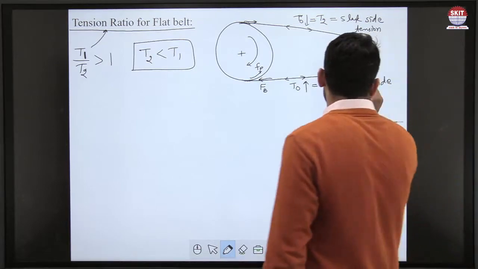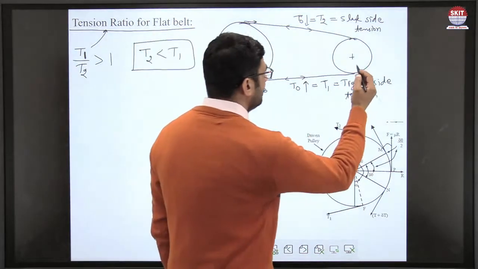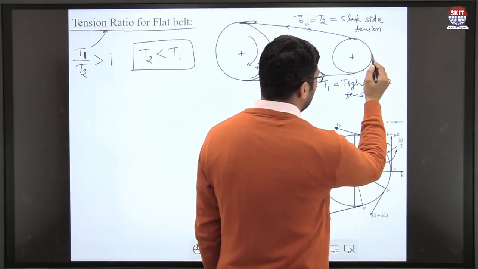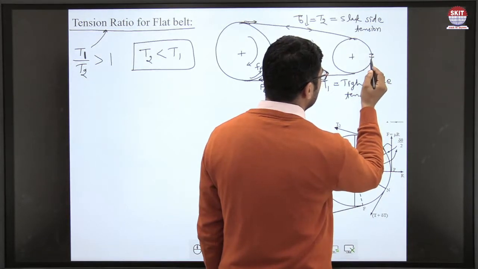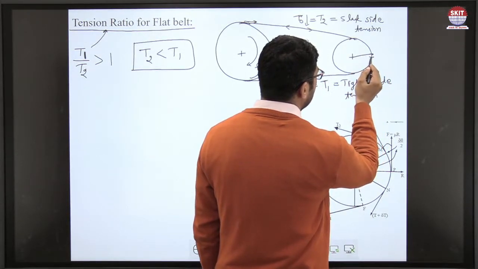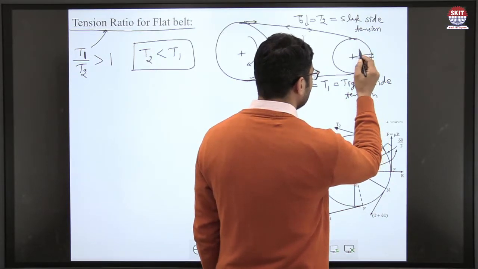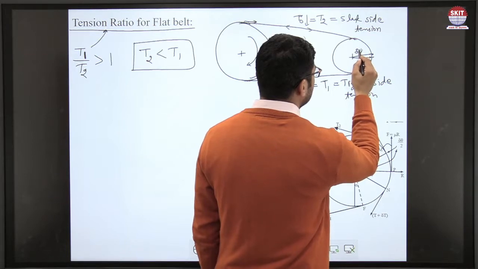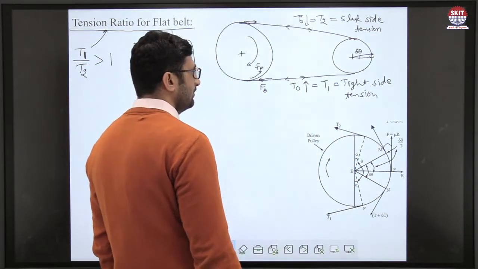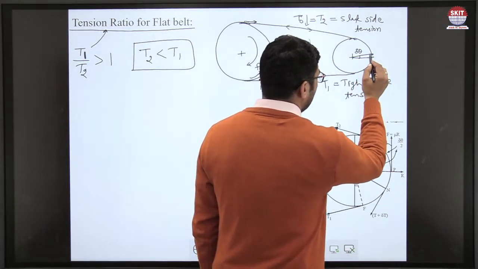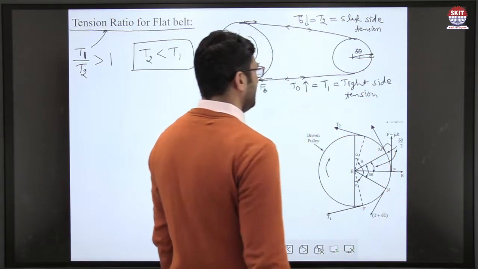For the derivation of the formula of tension ratio, we take a very small portion of the belt, which makes an angle d theta at the center, del theta angle, and draw the free body diagram of this belt portion and derive the formula.